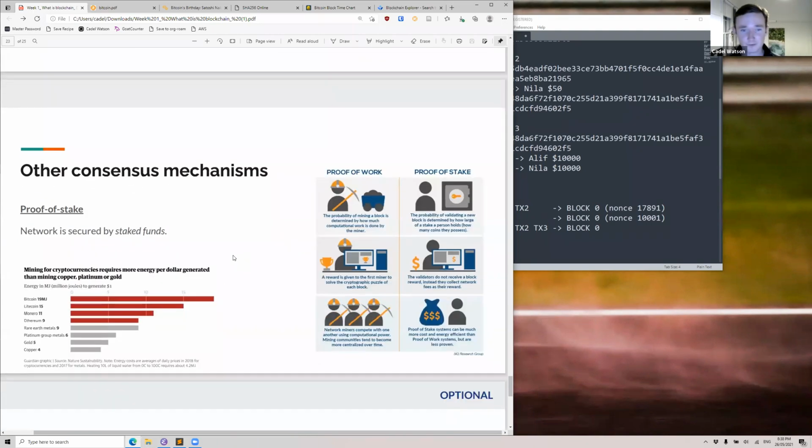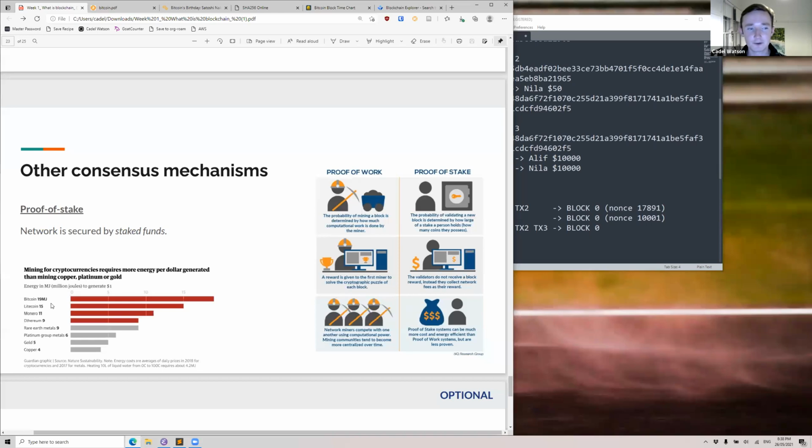So as I said, proof of work is the most common consensus algorithm, but it has a pretty huge downside, and that is that it uses an enormous amount of electricity. We can see that in this diagram. I think this is from 2018, so it's much worse now, but this is the energy that's required to generate $1. You can see that Bitcoin requires more energy to generate $1 than mining copper from the ground.